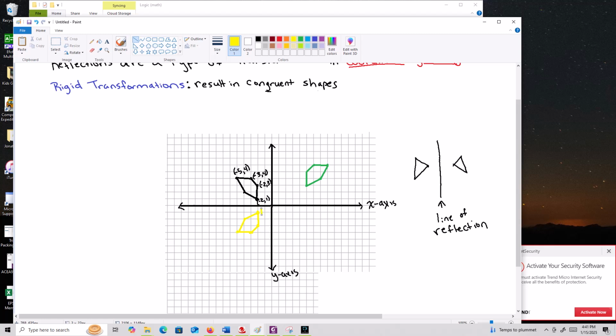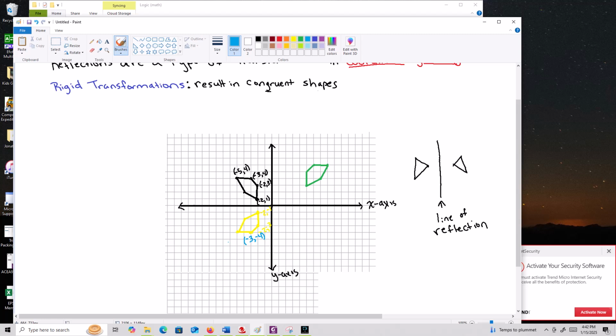This point is -2, -1. This is -2, -3. The yellow kind of hurts the eyes. This is -3, -4.